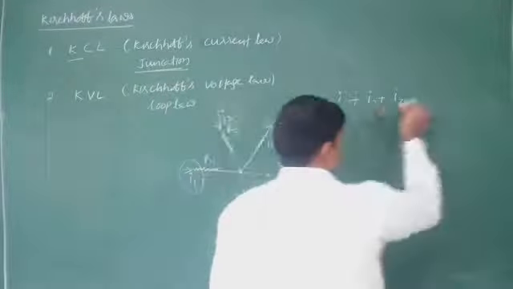So applying the KCL at point B, the current entering the junction B, I1, is equal to I3 plus IC. That is equation number 1. Next, apply the Kirchhoff current law at point D.